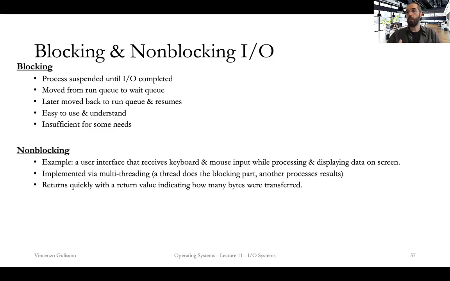You can create non-blocking versions of the APIs at the operating system level by having multi-threaded executions in which you transfer the data from the thread that is requesting, let's say, to write something to a different thread, and then you allow this second thread to block.